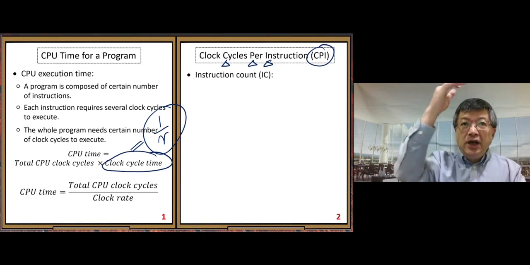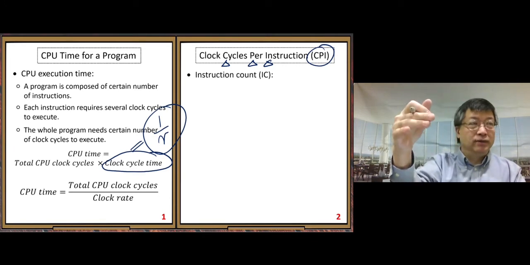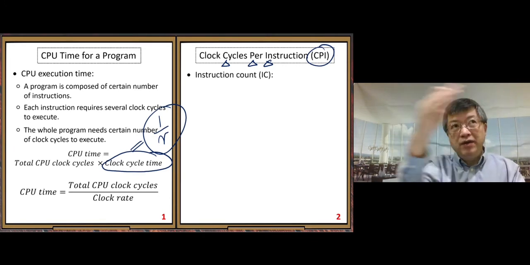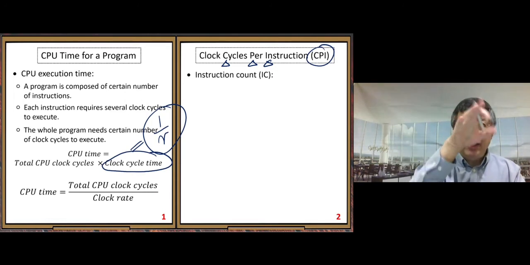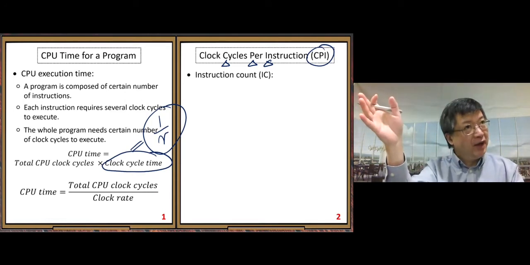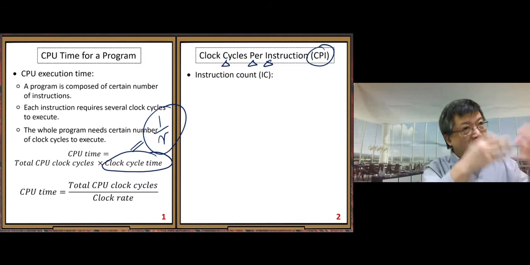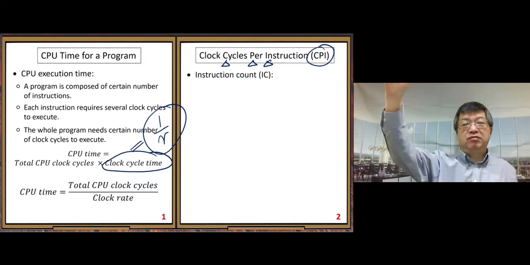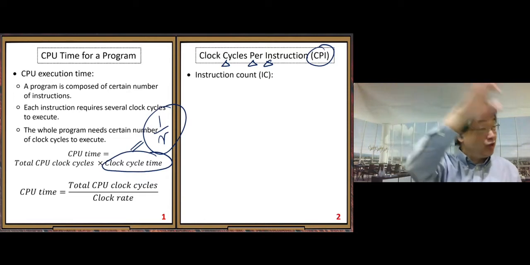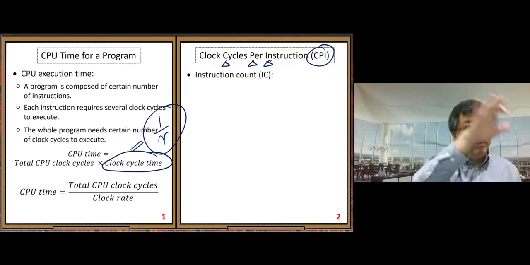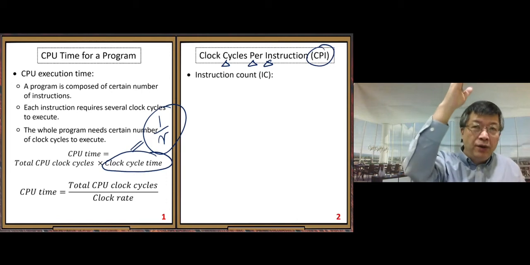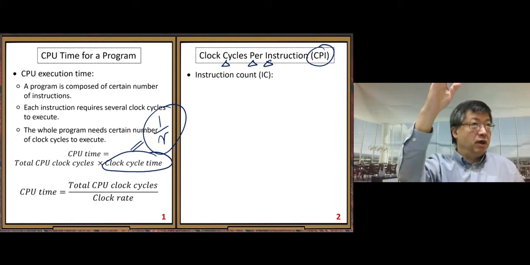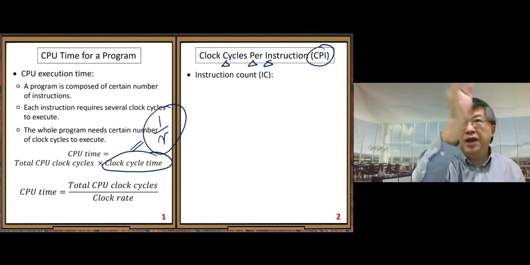First, instruction count. What's that? You count the number of instructions for the whole program. Instruction count, IC. Remember, after we compile a program into machine language, machine instructions one by one, you have the total number of instructions. That is the instruction count, IC.